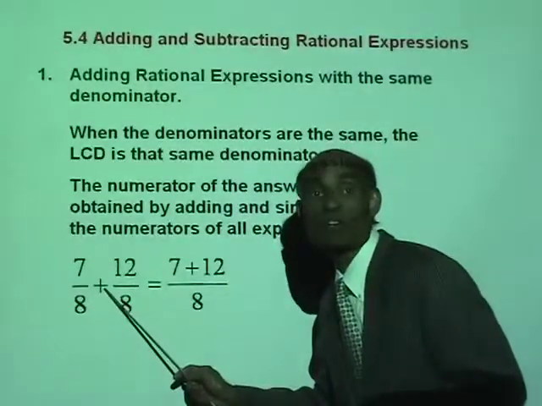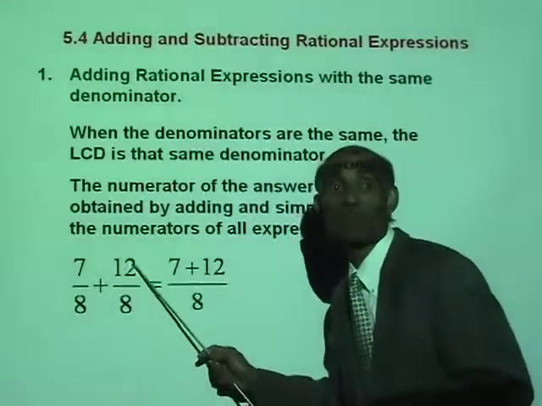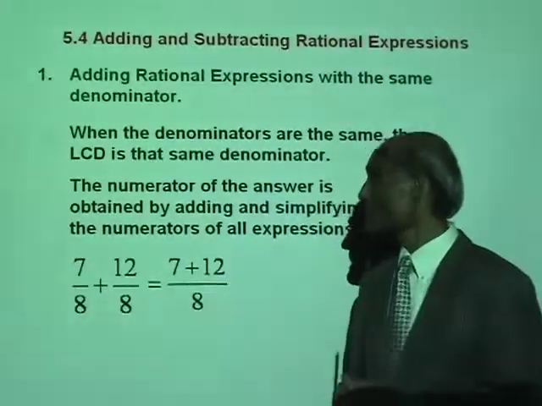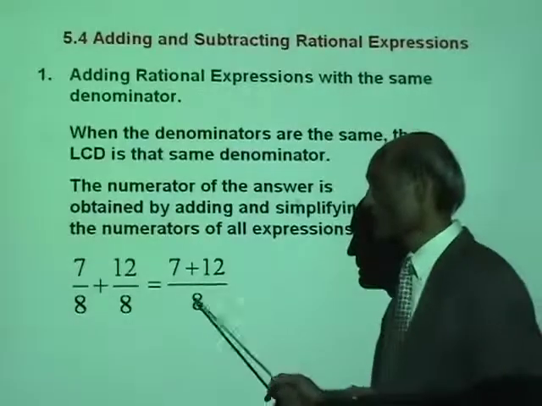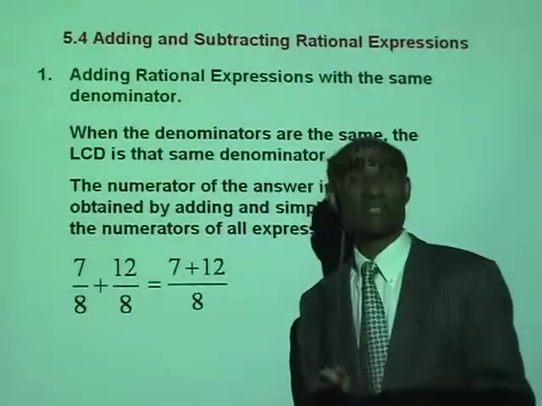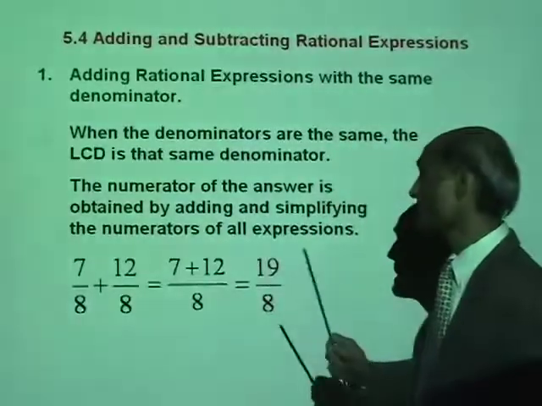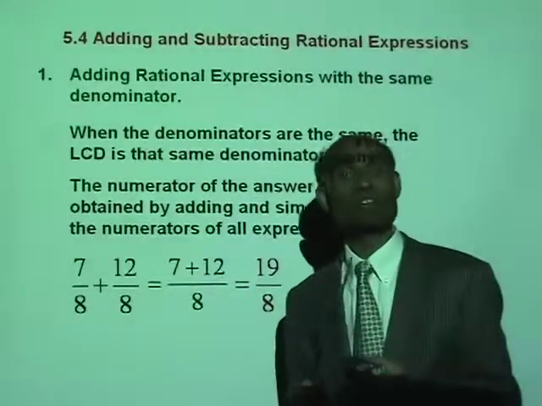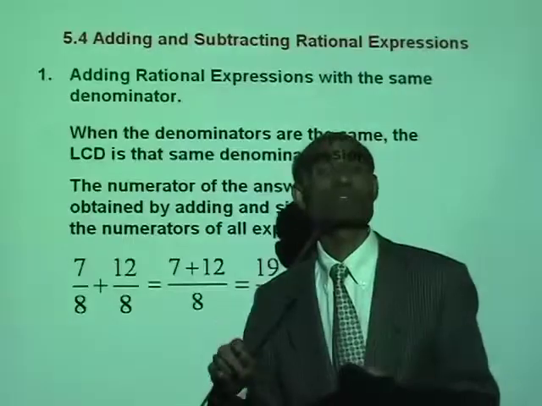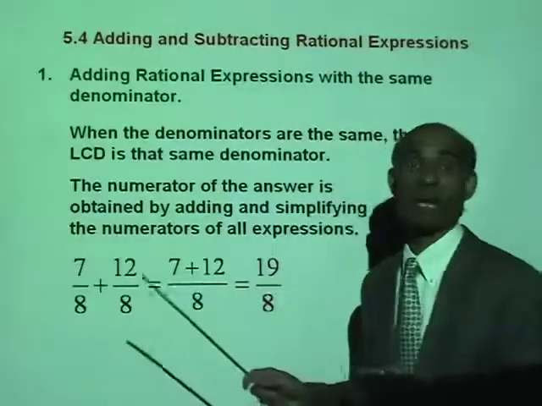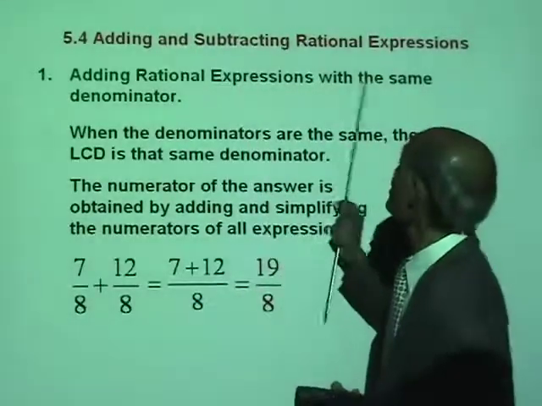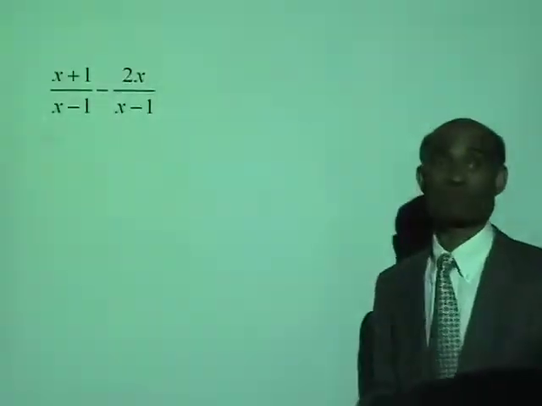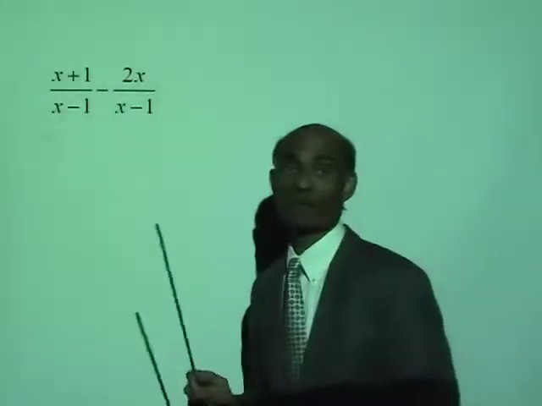If this is minus, it will be 7 minus 12. So in this case, the numerator is 7 plus 12. The denominator is 8. And that will be 19 over 8. And this is exactly the same principle we will use in adding and subtracting rational expressions that have the same denominator.